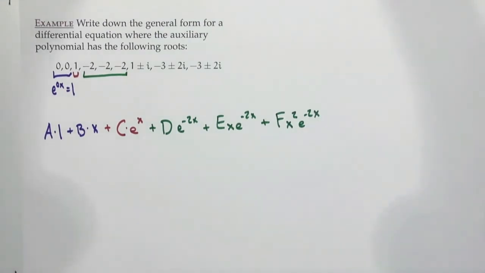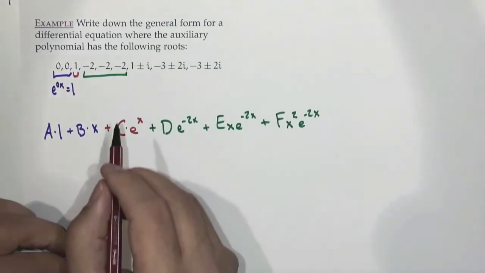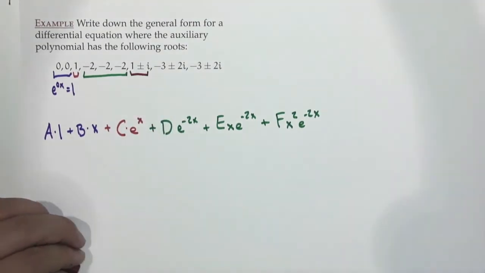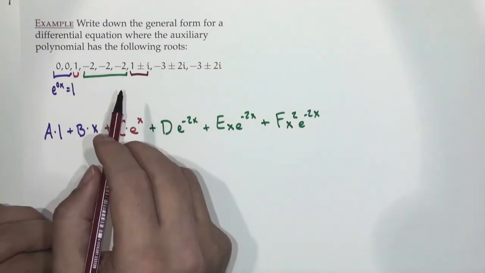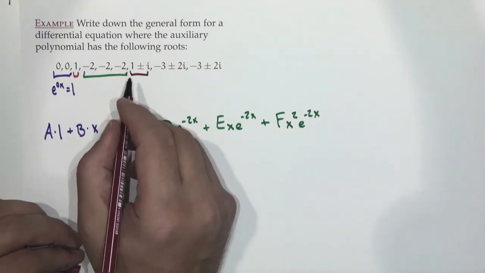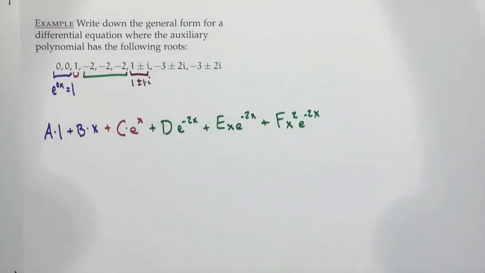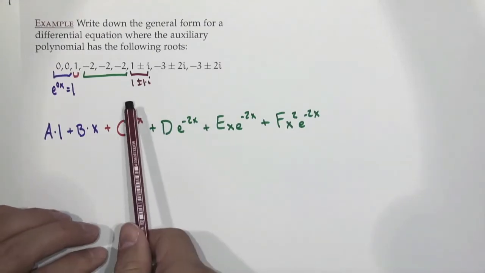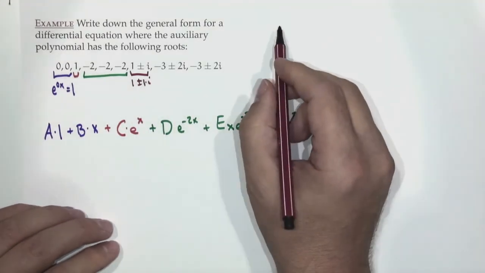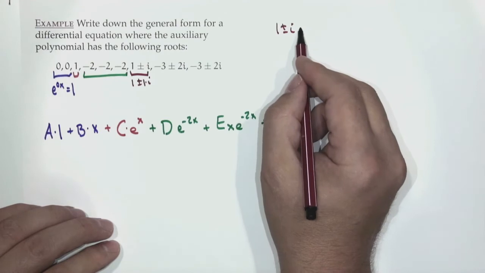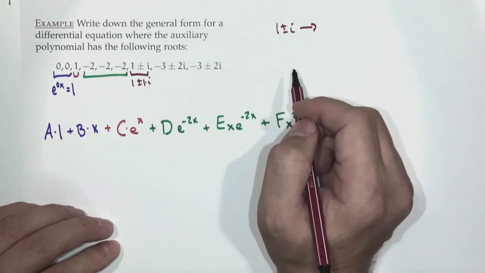And then we come to 1 plus minus i. You can think of it as really 1 plus minus 1 times i. That's not too surprising. This is going to involve a sine and cosine term. So 1 plus minus i will give us what type of functions?